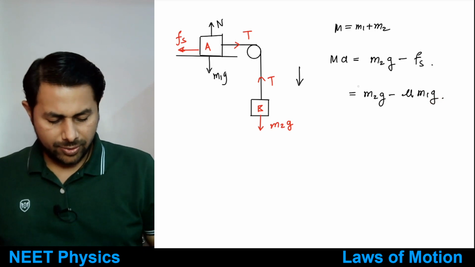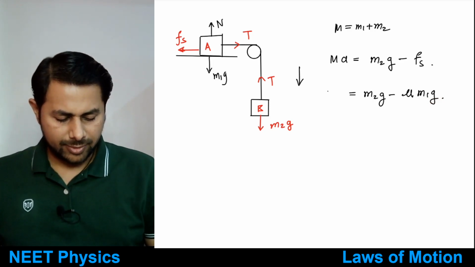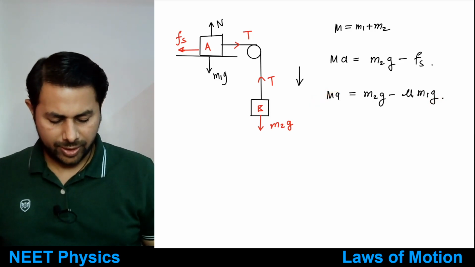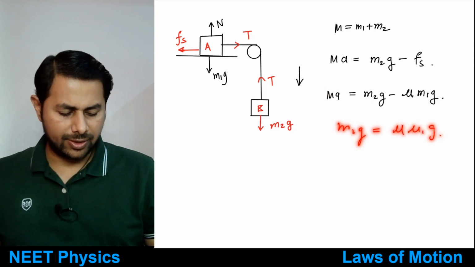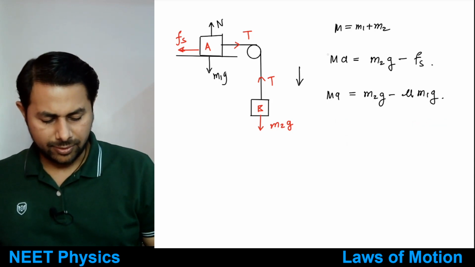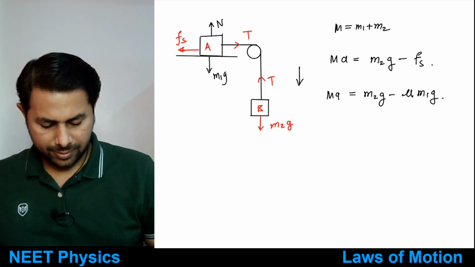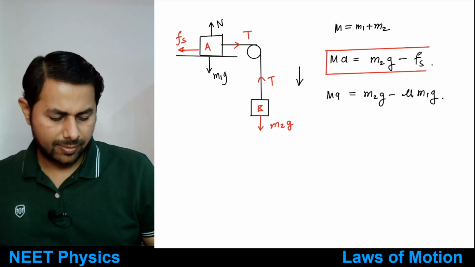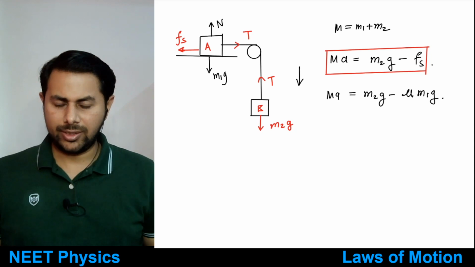So you can directly write down this formula, and if acceleration is zero, you have m2 times g equal to mu times m1g, then g gets cancelled out and you get the answer. So this thing is clear. Right? That's very simple.